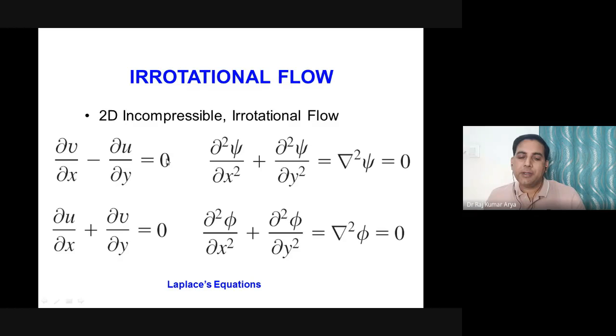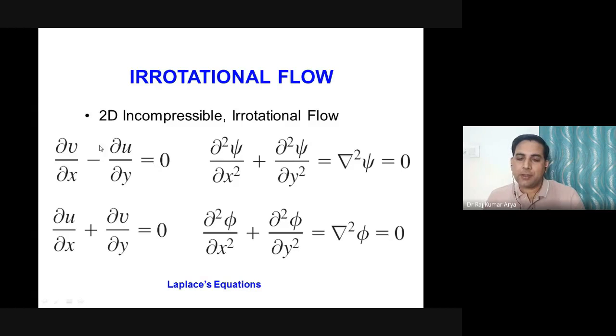Now we know the expression of v and the expression of u in terms of psi and also in terms of phi. Psi is the stream function and phi is the velocity potential. So we can check which one satisfies each of them.